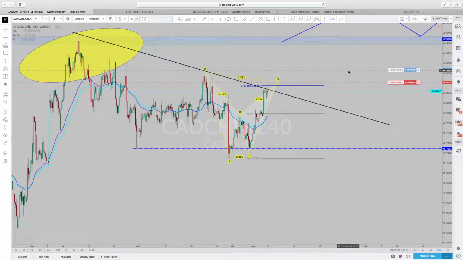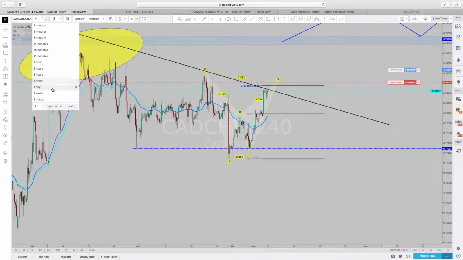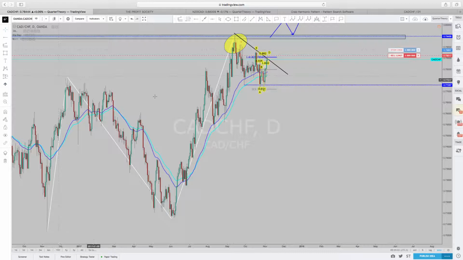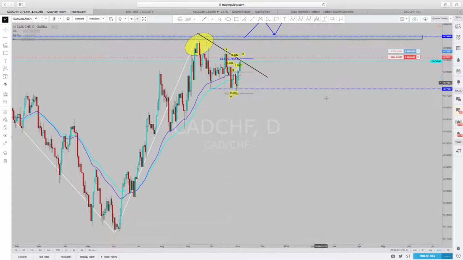Normally a take profit would be the 38.2 or 61.8 of a harmonic pattern, and that's perfectly fine. But since I'm taking this trade based off of my daily structure, which is at a level of resistance, I'm looking to take my profit down here somewhere, preferably right here.